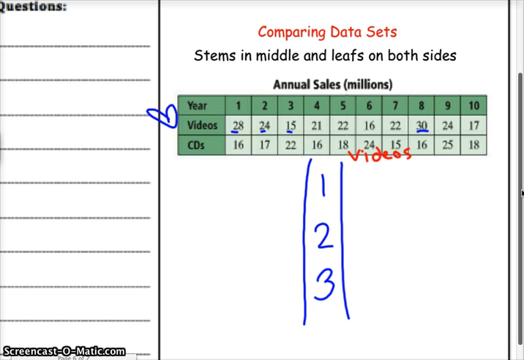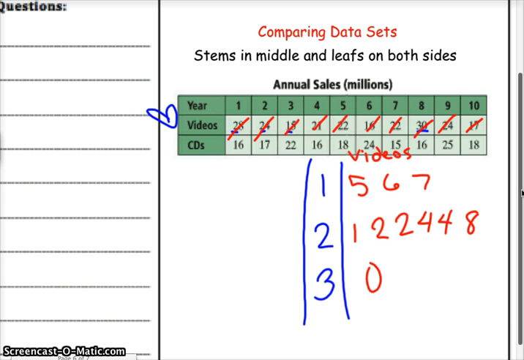I have a 15, a 16, and a 17. My 20s, I have a 21, a 22, another 22, 2 24s, a 28, and a 30. Okay, that's one.